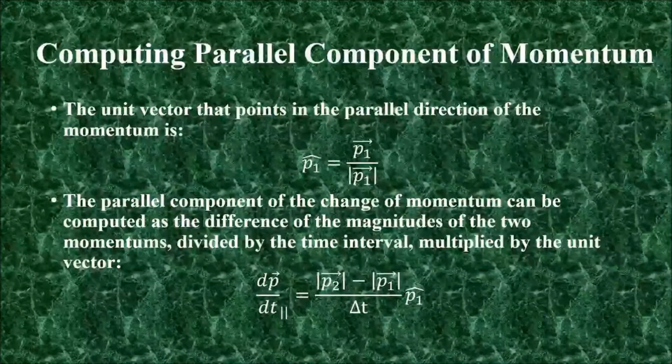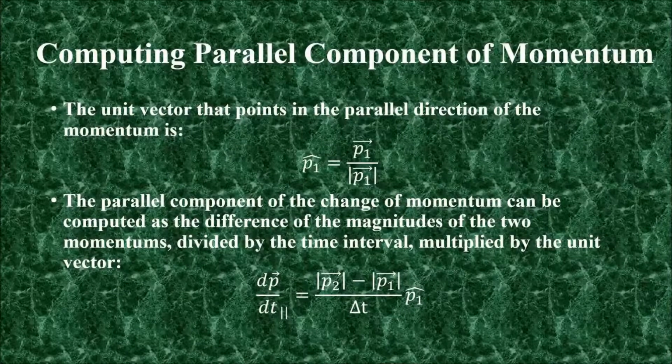The unit vector that points in the parallel direction of the momentum is p1 hat equals p1 over the magnitude of p1. The parallel component of the change of momentum can be computed as the difference of the magnitudes of the two momentums divided by their time interval multiplied by the unit vector, as shown below, which is magnitude of p2 minus magnitude of p1 divided by delta t times the unit vector p1 hat.